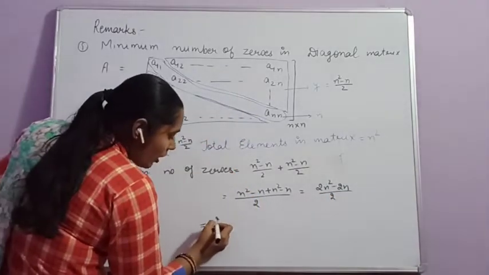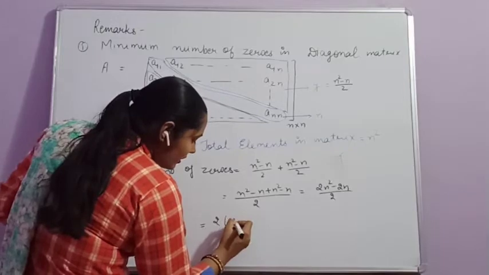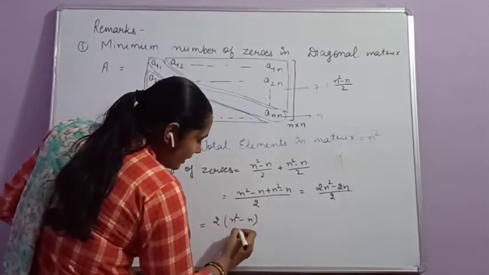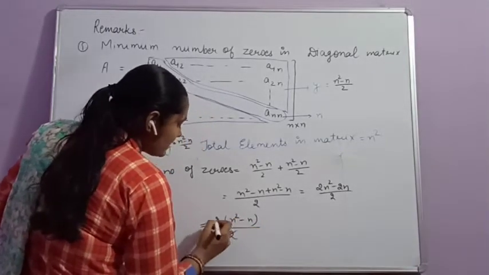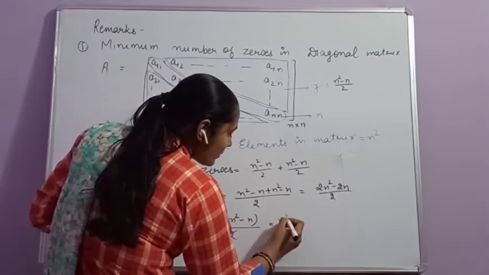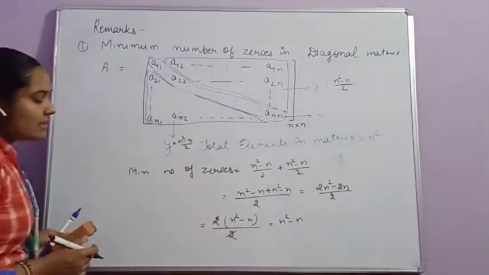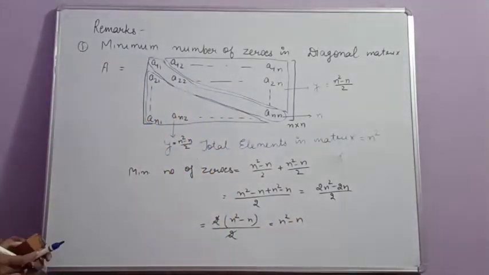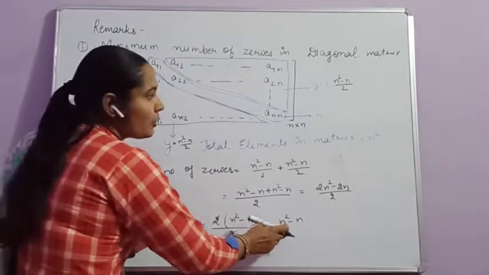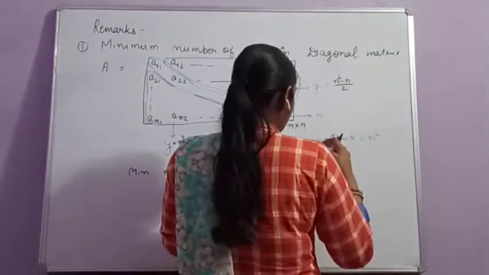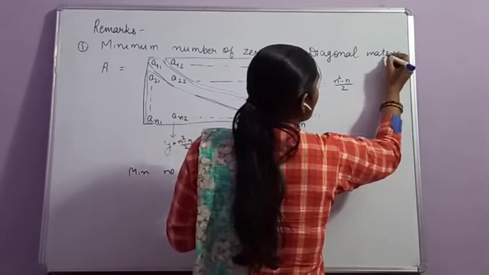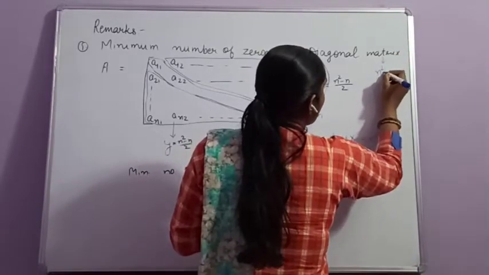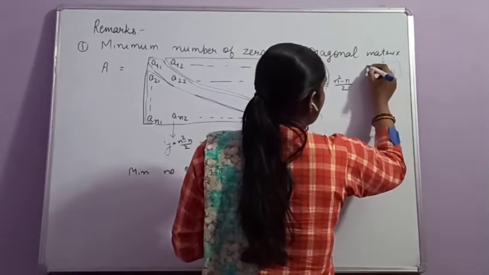Taking 2 common from the numerator, it cancels out, that is equal to n square minus n. It means the minimum number of zeros in a diagonal matrix will be equal to n square minus n. Clear?